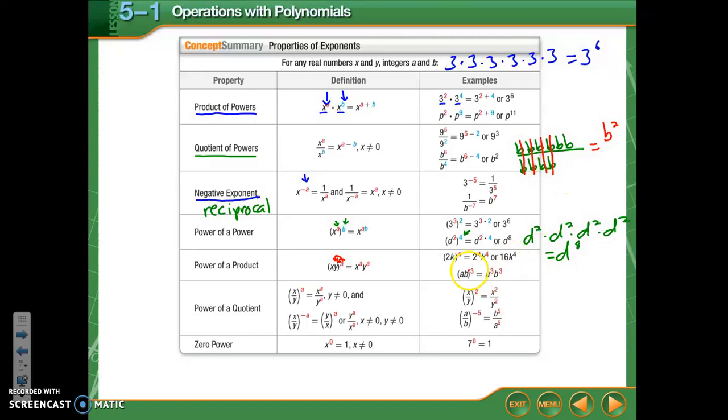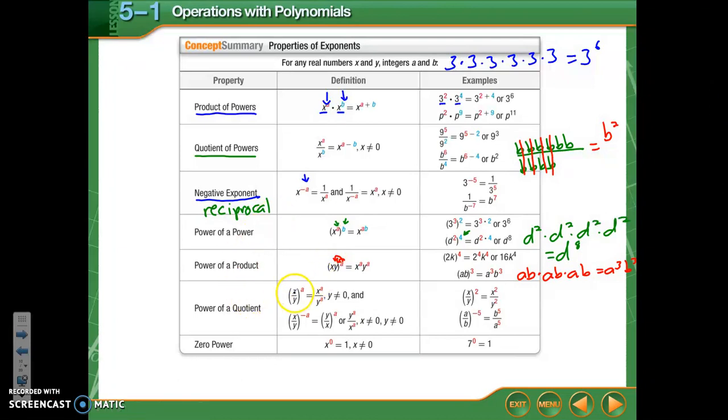Why does that work? If we look here at ab to the 3rd, notice the a and the b are in parentheses, so that exponent of 3 goes to the a and the b. What does that mean? It means ab times itself 3 times. a times a is a cubed, and b times b is b cubed. That's why the rule works.